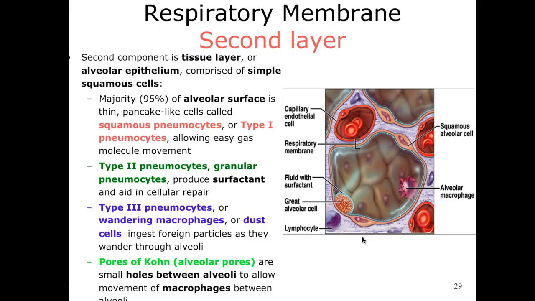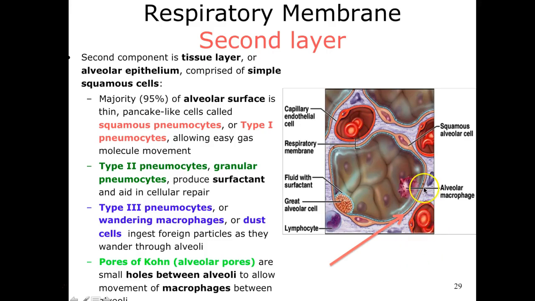Next, we have our second layer here. We call this the tissue layer, or I like to call it the cellular layer because we find a ton of different cells in here. So this makes up the majority of our alveolar surface, and it's very thin because we have those pancake-like cells that are called squamous pneumocytes, or they're also called type 1 pneumocytes.